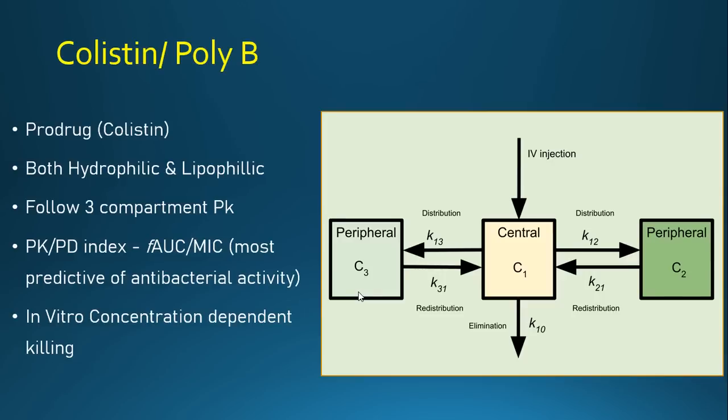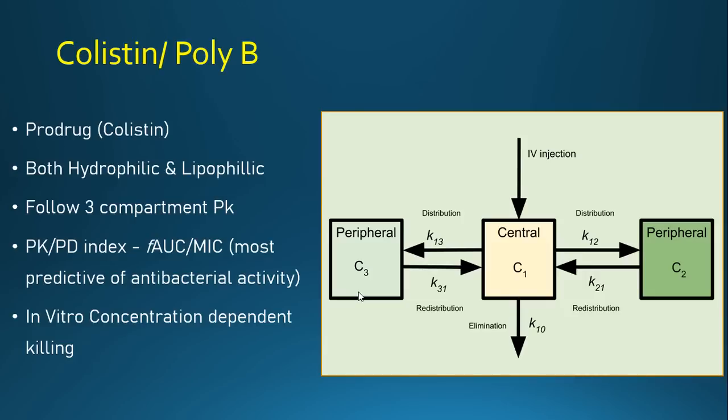Colistin is a little bit complex. This is a 3-compartment PK. One compartment is the plasma, the second compartment is a certain part of body tissue or organ which takes the drug very fast, with its own rate of absorption and elimination. The third compartment takes the drug very slowly compared to the other compartment, and releases the drug slowly also.